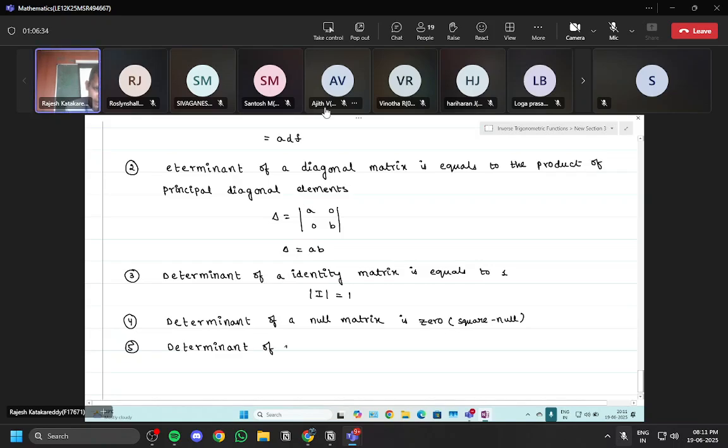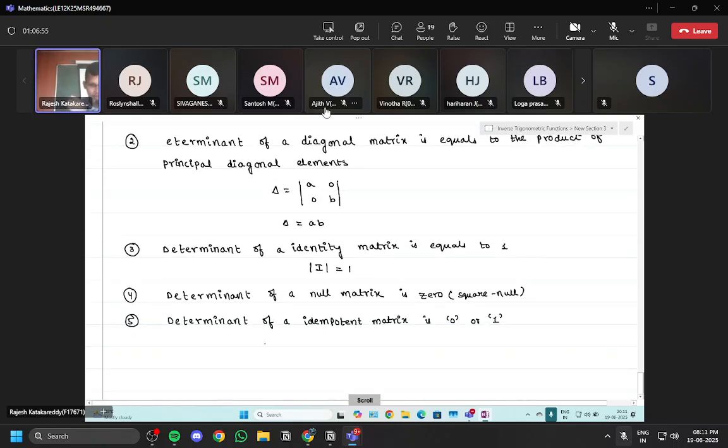Determinant of an idempotent matrix is 0 or 1. So how to tell that?